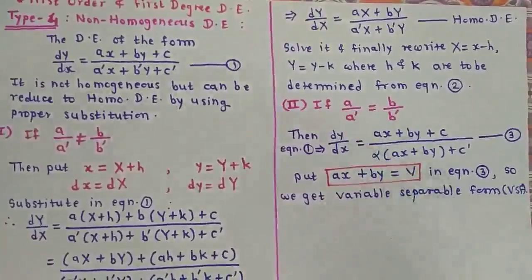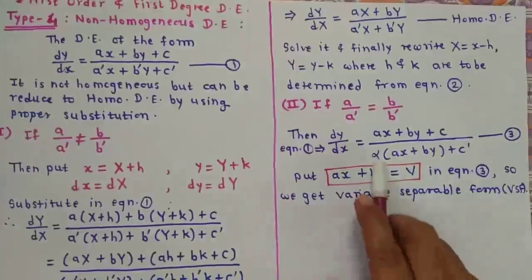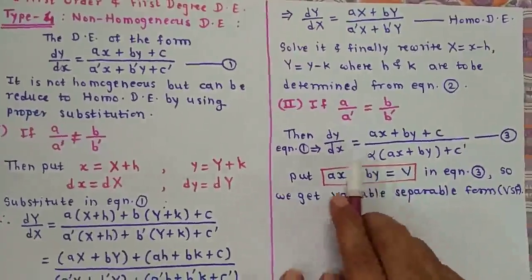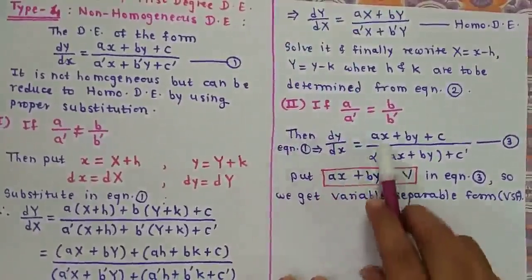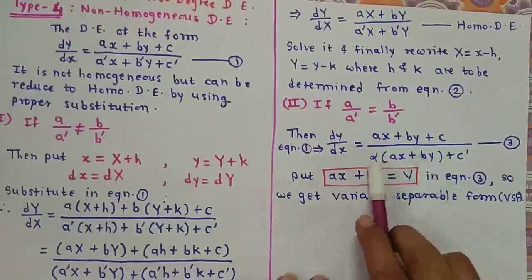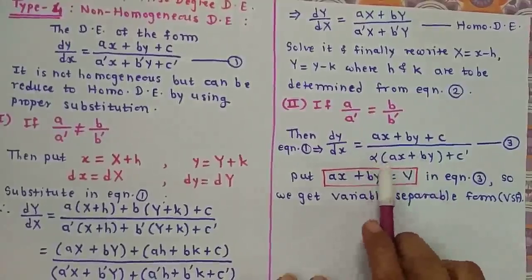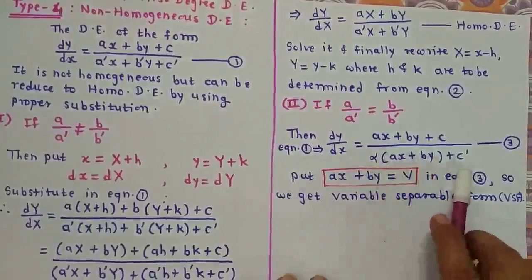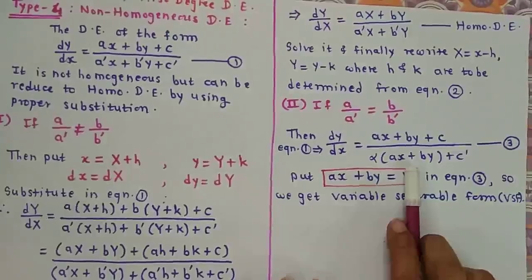If these two ratios are equal, then there must be a common scalar, say alpha, and hence the given differential equation can be written as dy by dx equals (ax plus by plus c) upon alpha into (ax plus by plus c'), where from the denominator we take the common scalar alpha. If you observe, in the numerator and denominator there is ax plus by.